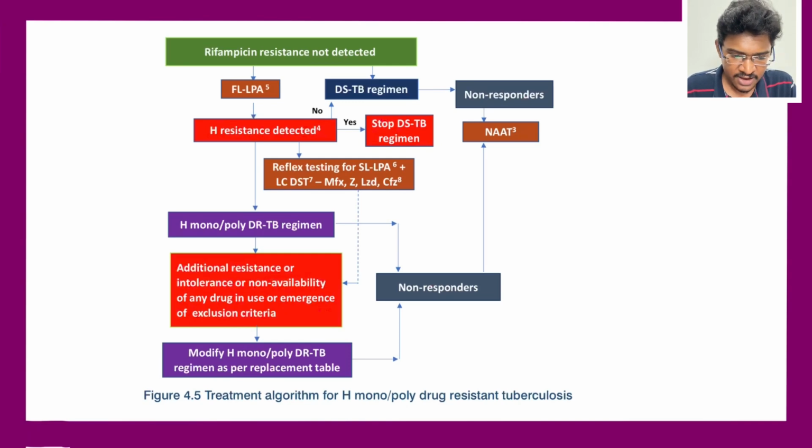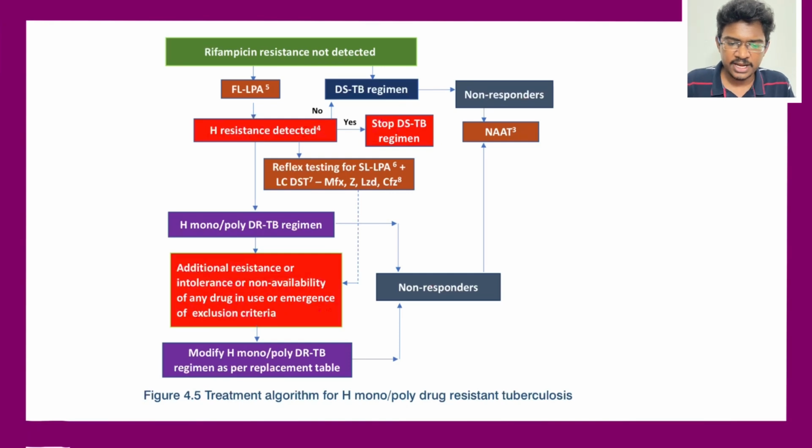Next, if rifampicin resistance is not detected but TB is there, what will you do? Obviously you will check for other resistance like isoniazid resistance or fluoroquinolone resistance. If your patient is not resistant to any group, go for the drug susceptible TB regimen, which is normally followed for drug susceptible TB. Okay.